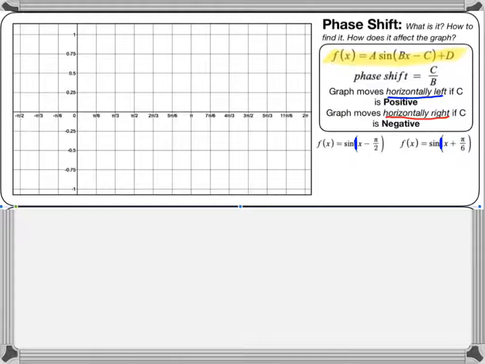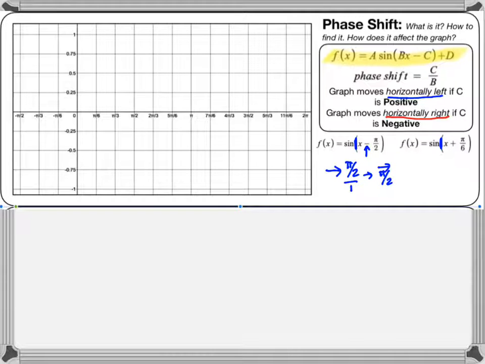So in this case, I would have this right here. I always take a look at this sign, and then I say, okay, that's going to go to the right. So I just put a little arrow there, and then I divide pi over 2 by 1, which is just going to give me pi over 2 to the right, okay?